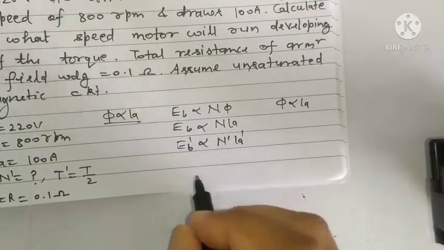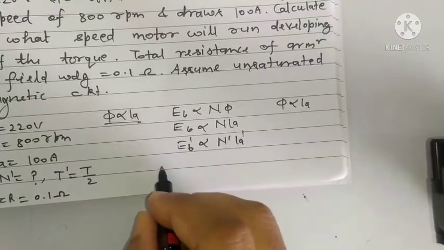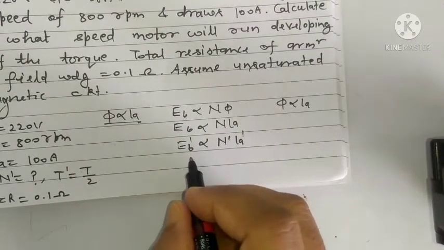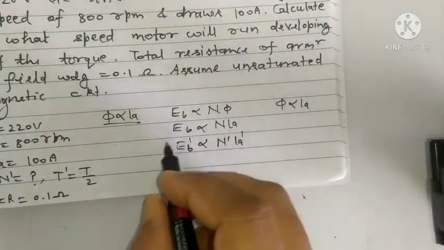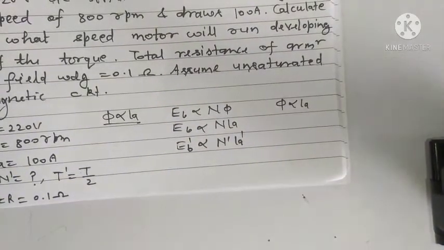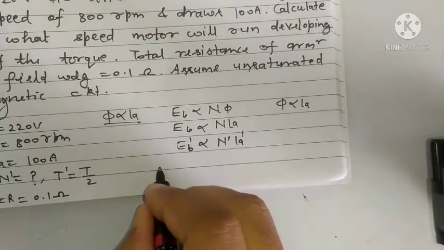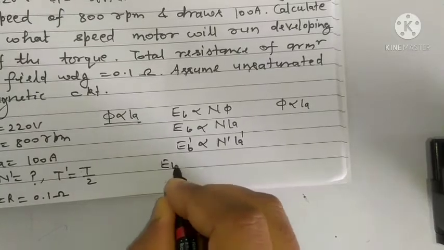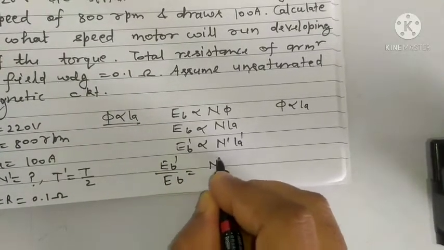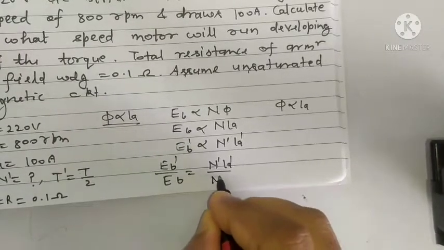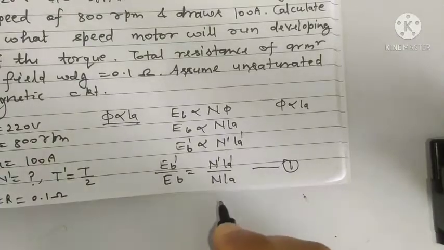Now we need to find EB first, then we will see how to find EB dash, and later on we can relate these two to find the new speed. So I can write here EB dash by EB will be N dash IA dash by N IA. So this is equation 1.